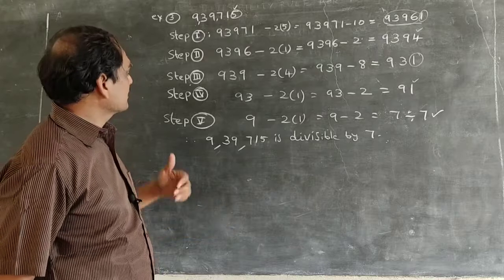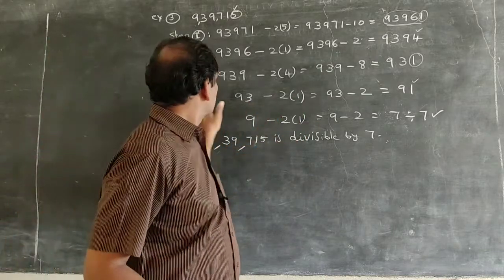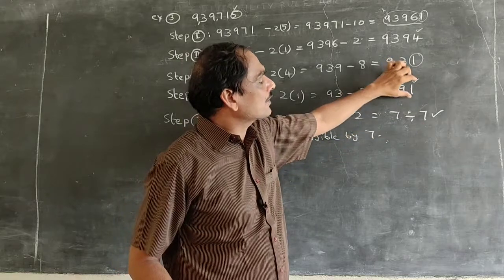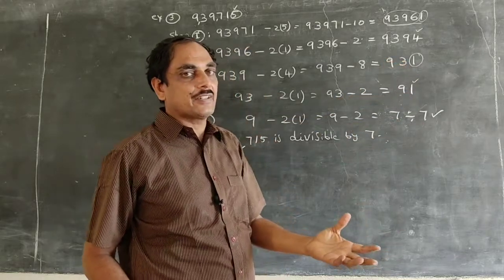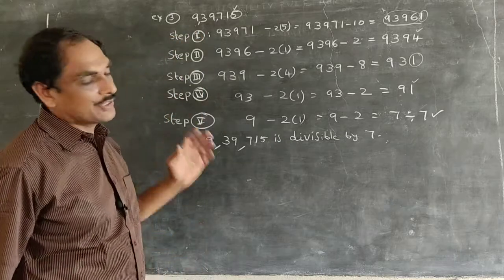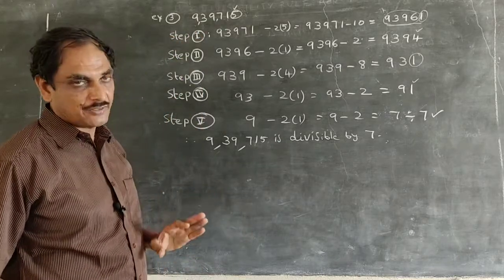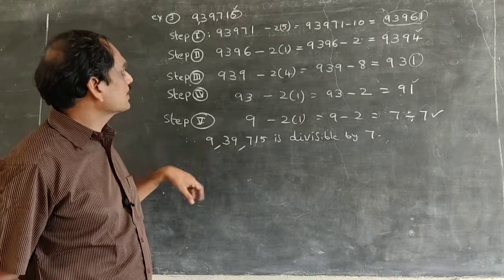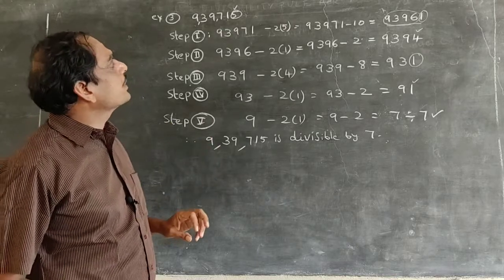Similarly, in step 4 we get 91. If we know that 91 is divisible by 7, then we say that 9,39,715 is divisible by 7 without going to step 5. So this is the third example.